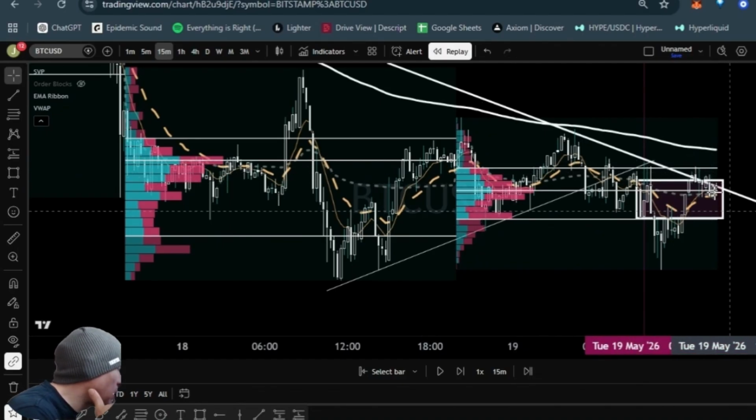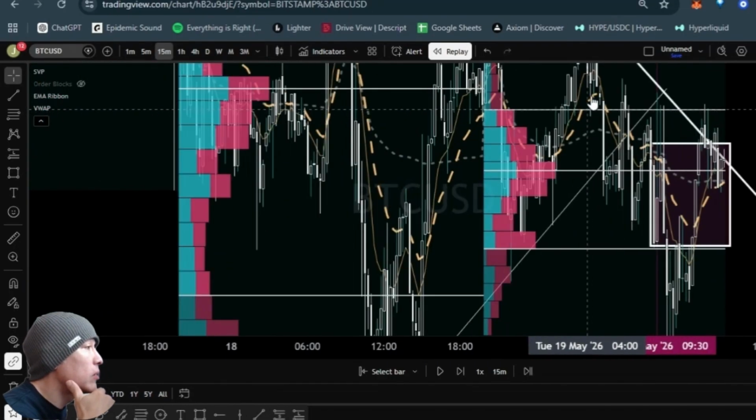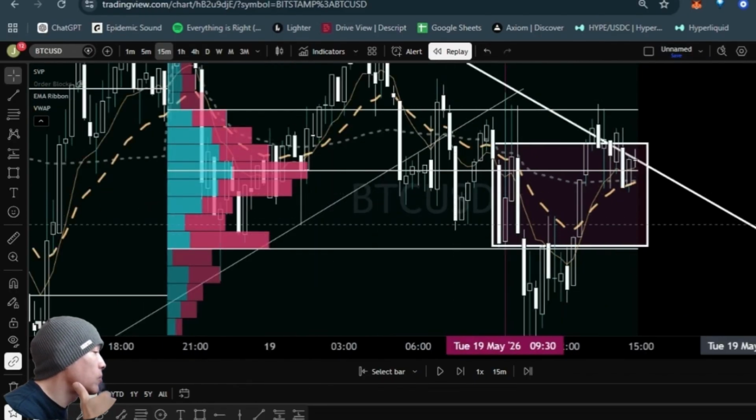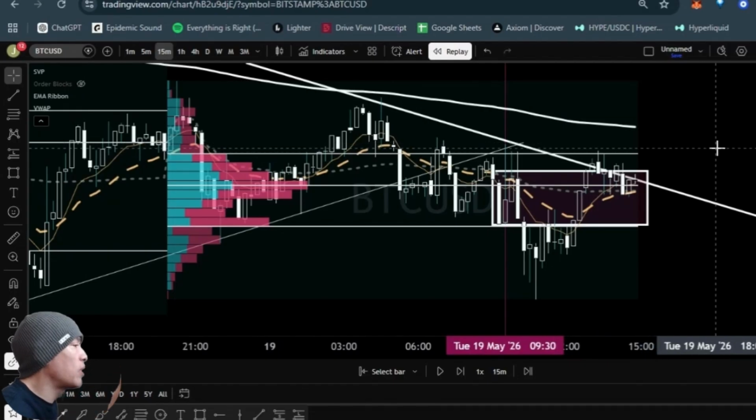So in my opinion, I was thinking we're coming down off of the prior POC, because it tried to hit it up right here. Plus we got all these borders: the 200 EMAs on top on every time frame except for the weekly.